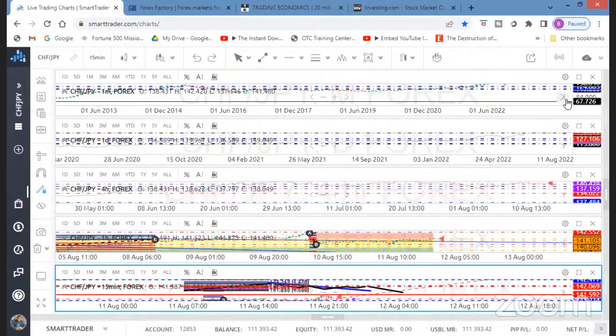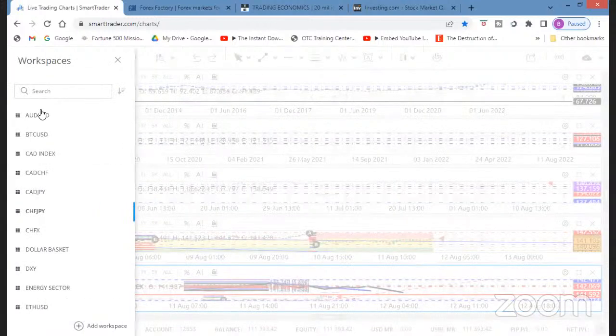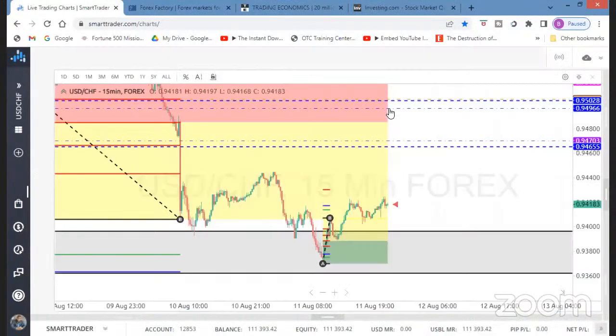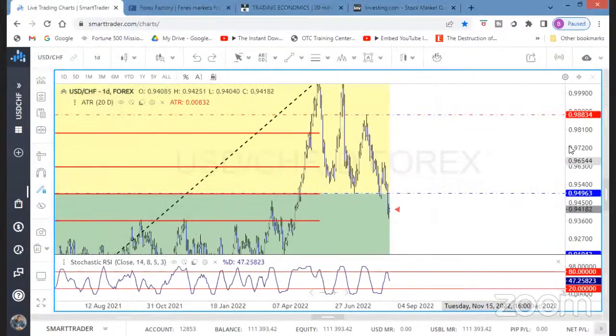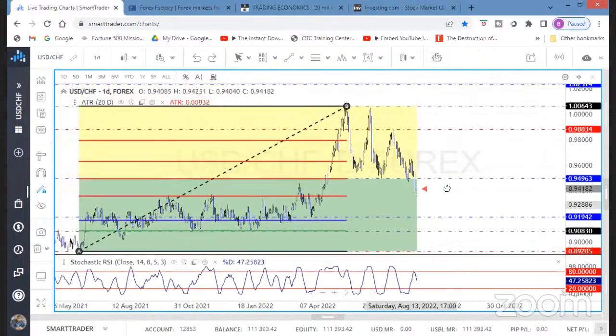So you may have had it, say you were on your dollar Swiss here. Okay, so say on your dollar Swissy, you say, hey, I'm overall bullish on the dollar.